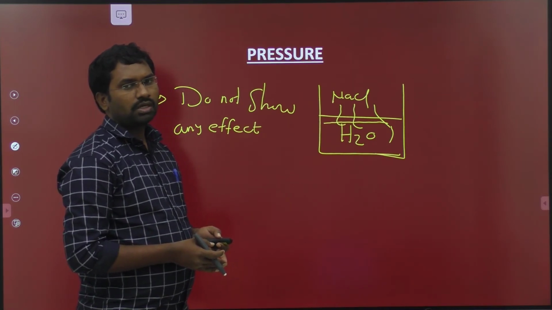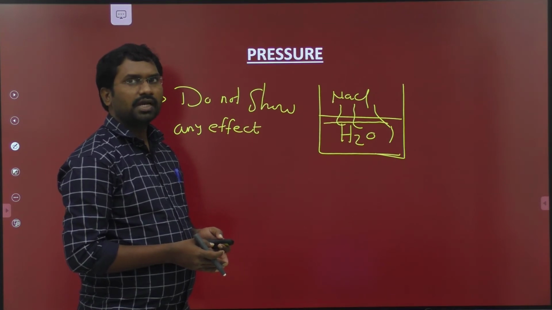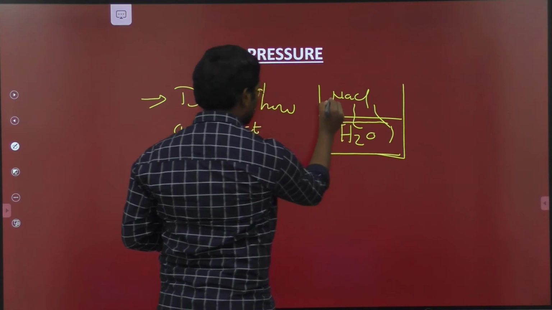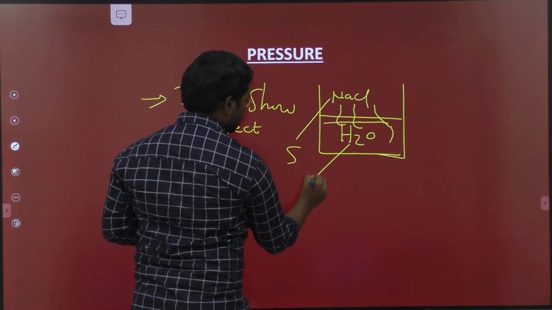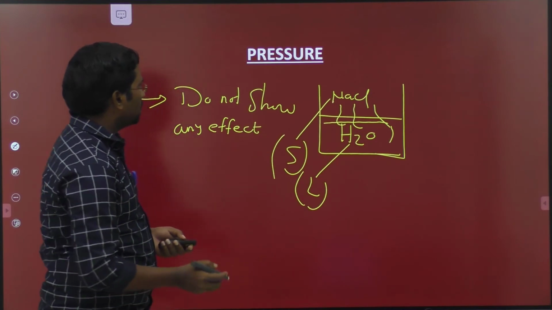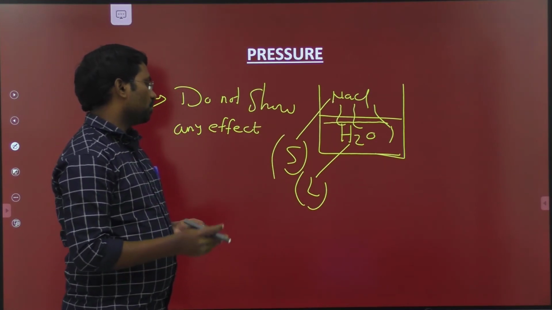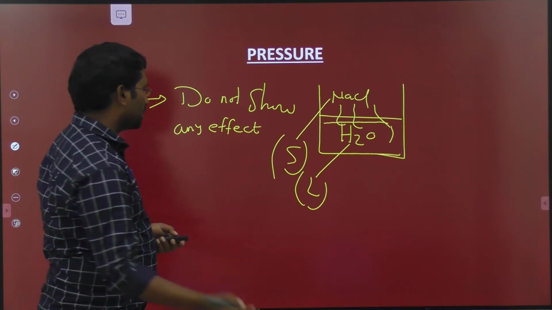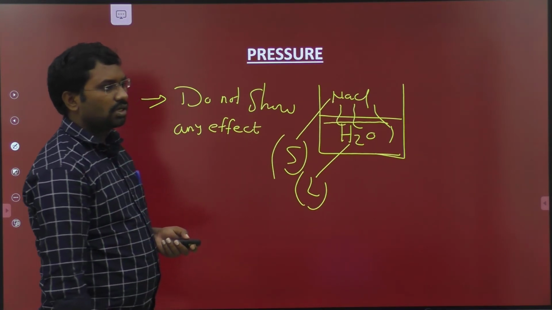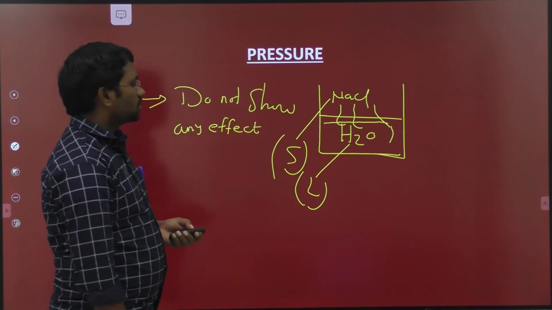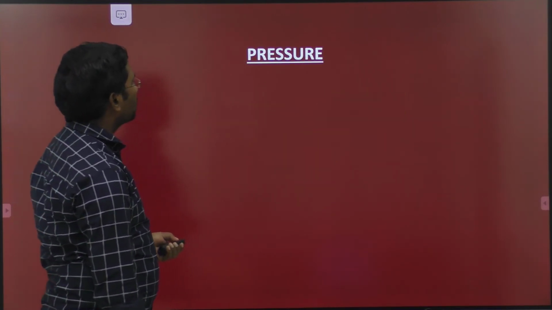Pressure acts mostly on gases, but when we apply pressure to the solid state and liquid state, it does not show any effect on the surface of the solids and liquids. They do not undergo any compressibility. So that's why pressure plays no role in the solubility of solids in liquids.